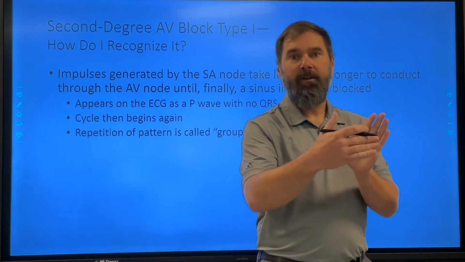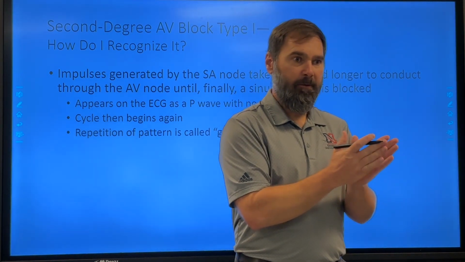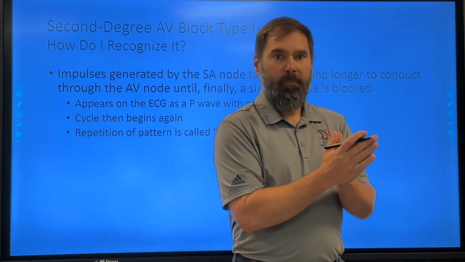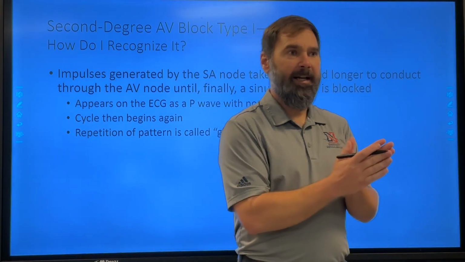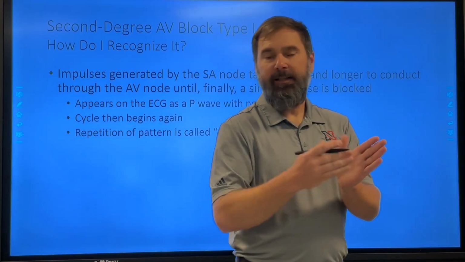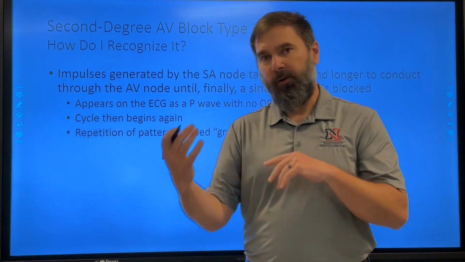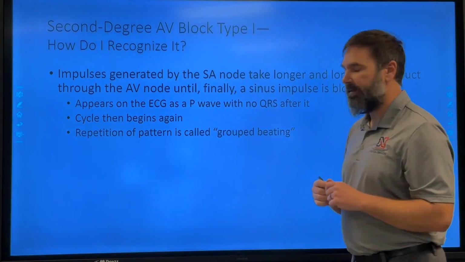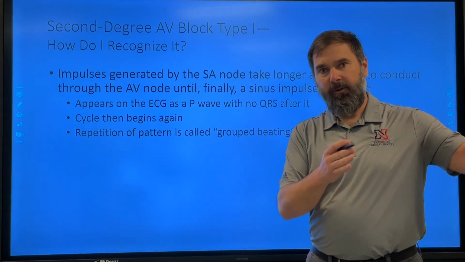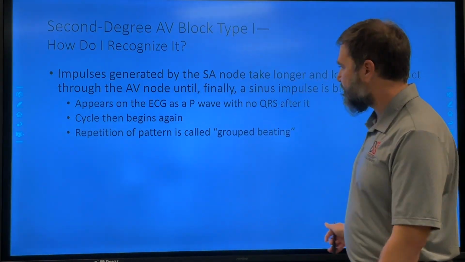So we have an increasing PRI for each of these. You may have a PRI that goes from 0.12 seconds, and the next one may be 0.14 seconds, the next one may be 0.18, the next one may be 0.20, and then we're losing a PRI because we've lost a complex after that. So you would see an increase in PRI each time the impulse makes its conduction through to the ventricles.